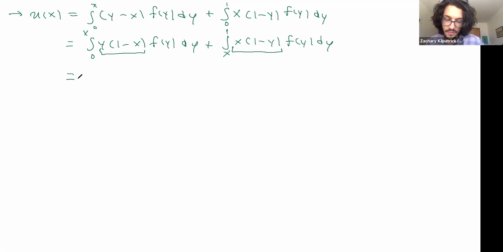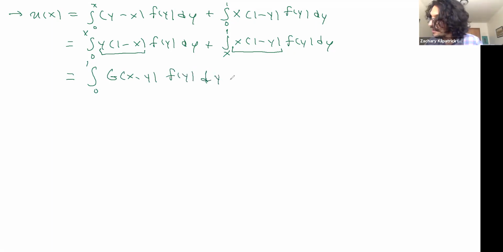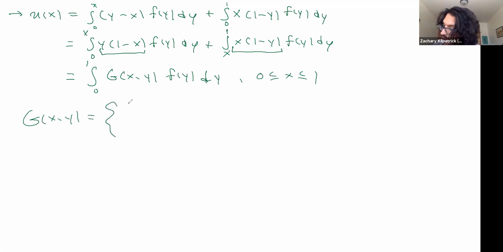So I can finally write this as the integral from 0 to 1 of g of x,y times f of y dy, and this is defined for x going from 0 to 1. And what's my Green's function? I'll write it down and then I'll draw it, okay?